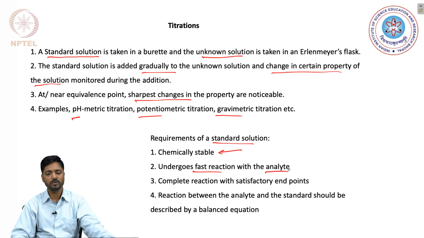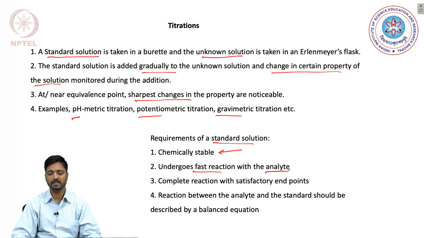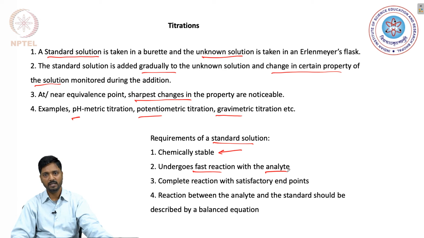So this obviously becomes a very commonplace example of undertaking titrations. However, in case the reaction is sluggish, for example, when we are taking weak acids or weak bases, sometimes heating may be utilized to accelerate the reaction between the analyte and the standard solution.